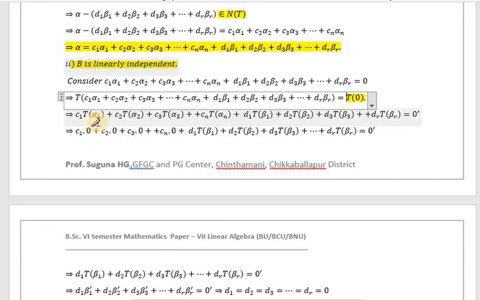See, T of alpha 1 is equal to 0 because it is mapped to 0. Mapped to 0 in the sense that alpha 1, alpha 2 are the elements of the null space, so their images are 0. So C1 times 0 plus C2 times 0 plus C3 times 0 and so on, Cn times 0, plus D1 T(beta 1) plus D2 T(beta 2) plus D3 T(beta 3) and so on up to Dr T(beta r) is equal to 0'.